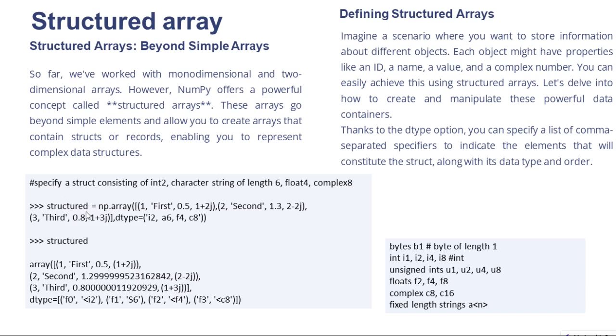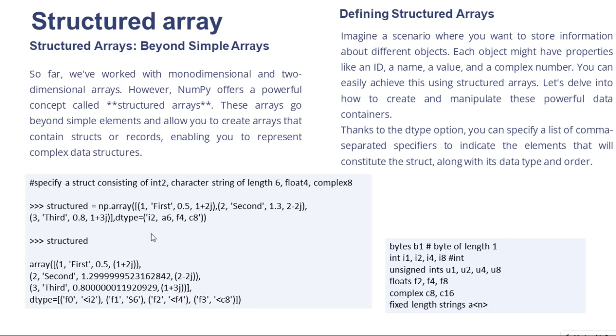So how do you create it? You just say structure is equal to np.array and define the values of all these different objects. As I said, let the first number represent the ID, let's say it's an integer. The second one represents the name, which is a string. The third value represents a value which can be a floating point number, and the fourth one a complex number. So after defining the structured array, you can display it like this.